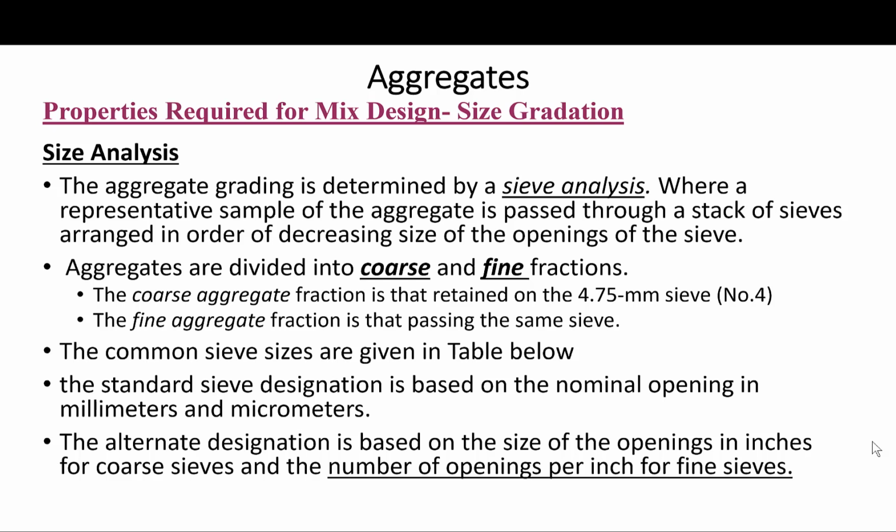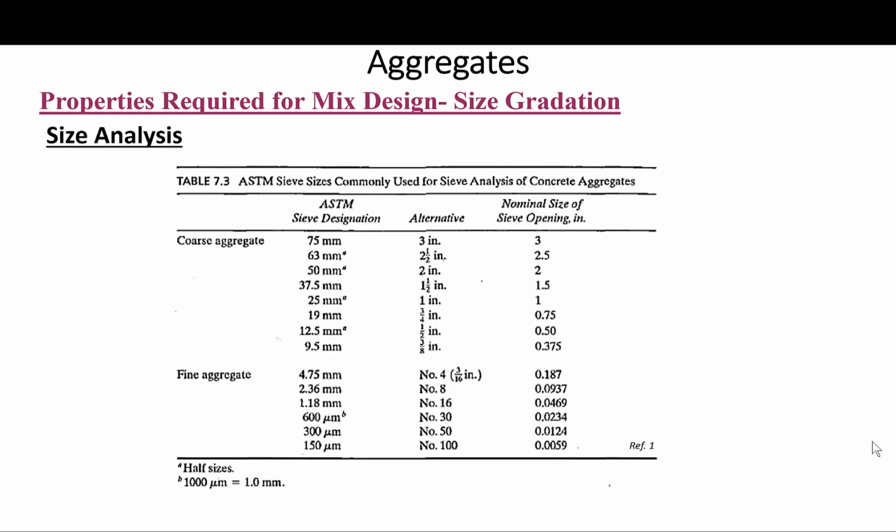The standard sieve designation is based on the nominal opening in millimeters or micrometers, as you can see. The alternate designation is based on the size of the openings in inches for coarse sieves, and the number of openings per inch for the fine sieves.